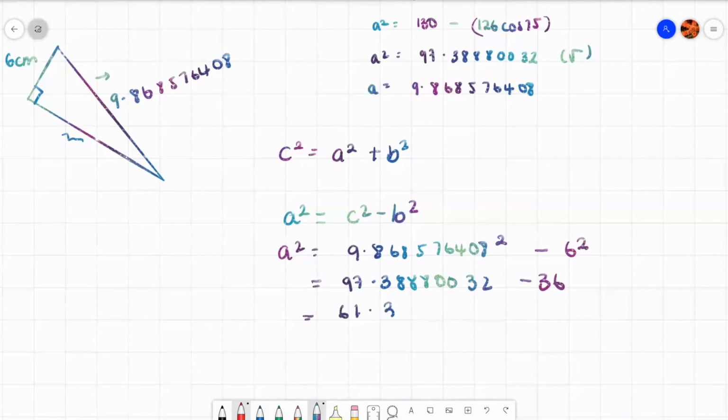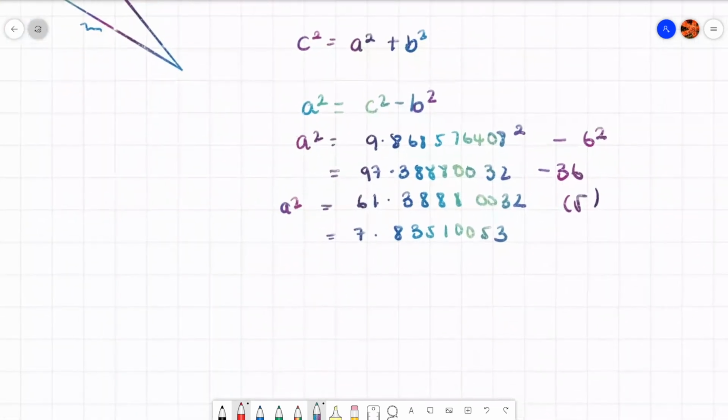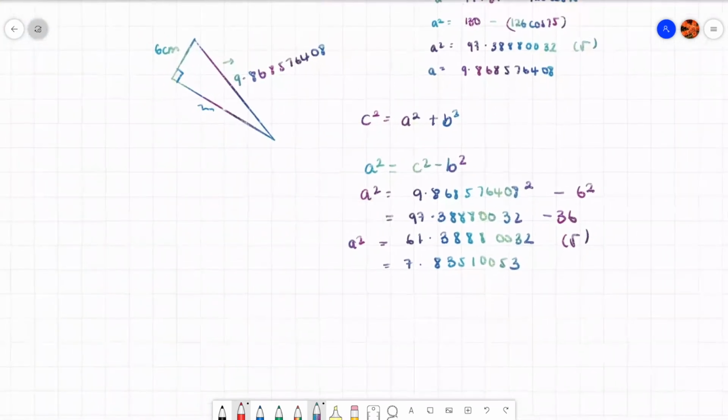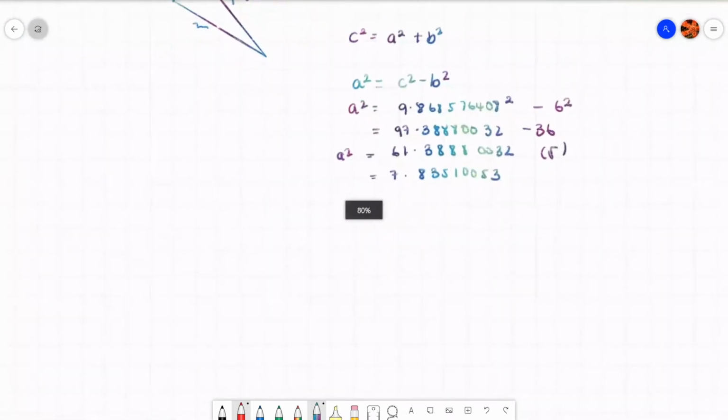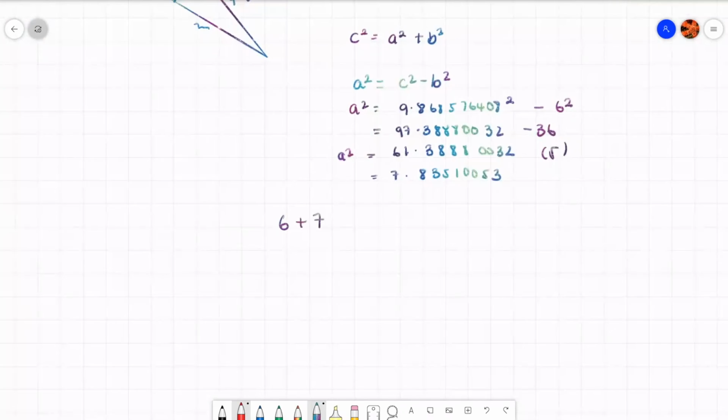So 61.38880032. That is a squared. I want a, so I'm going to square root, and I end up with 7.83510053. Now I'm just going to say that the perimeter is 6 add 7 add 9 add 7.83510053.